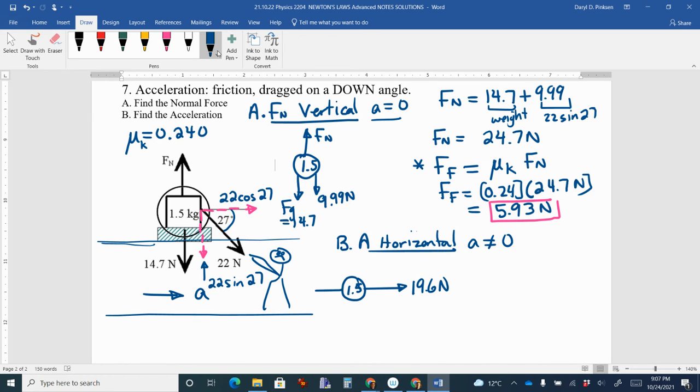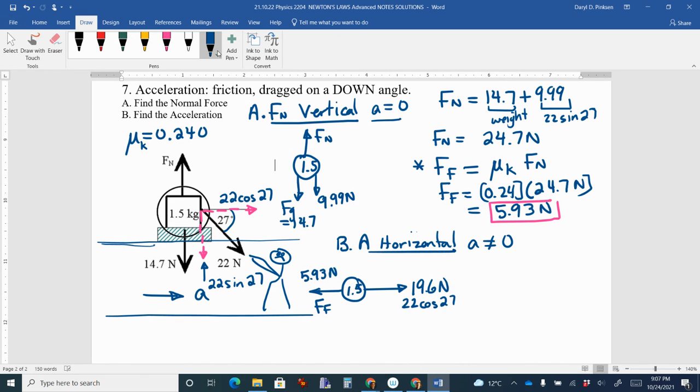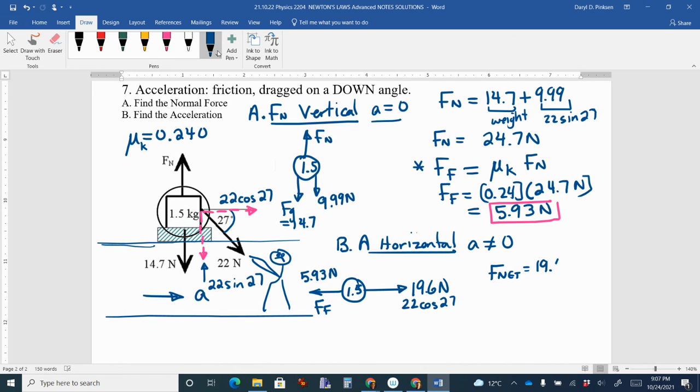And back in the other direction, we have 5.93. So this is the force of friction, and this is 22 cos 27. Now our free body diagram is just going to be this. 19.6 minus 5.93.